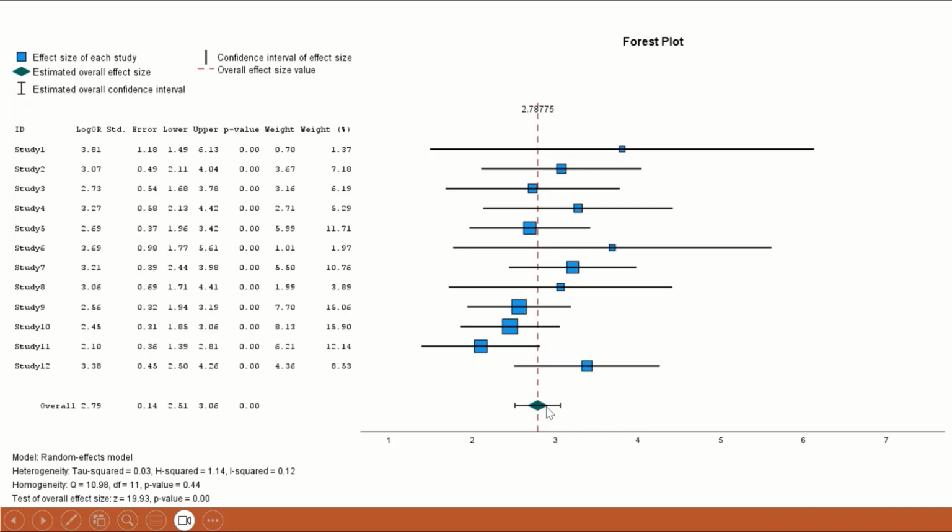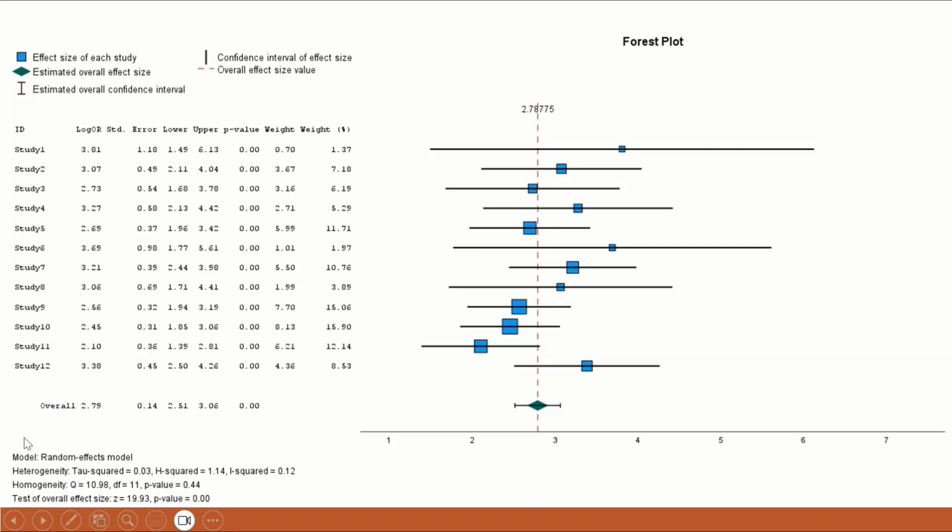odds ratio. The diamond shaped structure here is the overall odds ratio for the 12 studies, and as shown here, the overall odds ratio is 2.79, and a 95% confidence interval is also produced, and the horizontal line is the 95% confidence interval.